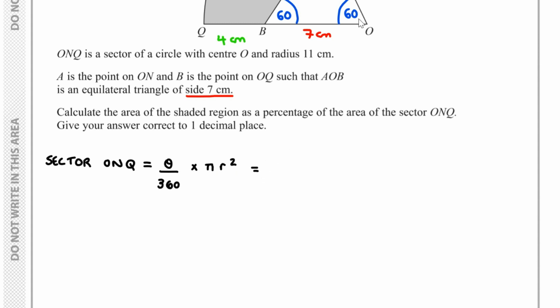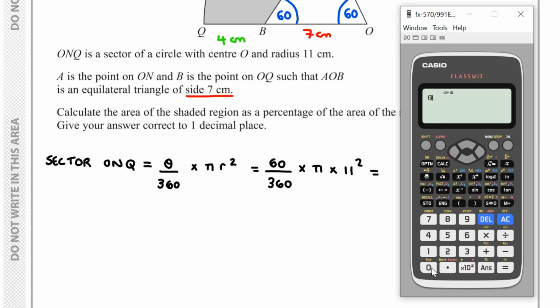So we have theta, which is 60 degrees. So we've got 60 over 360 multiplied by pi multiplied by the radius squared. Of course, the radius is 11, so we multiply by 11 squared. Let's work this out.